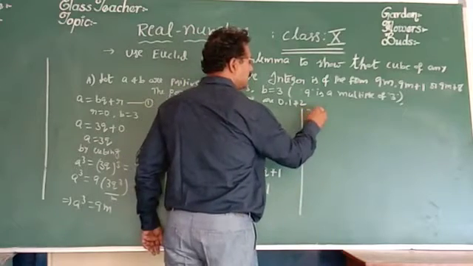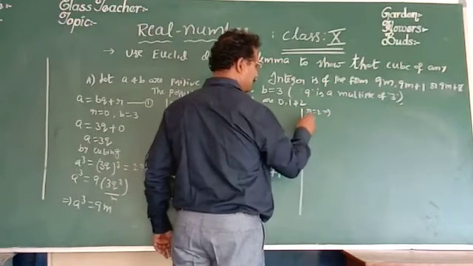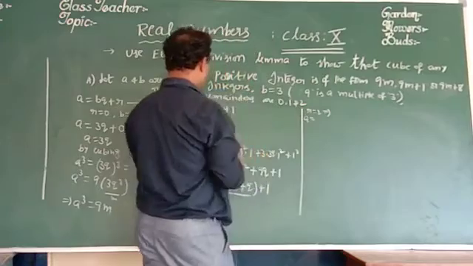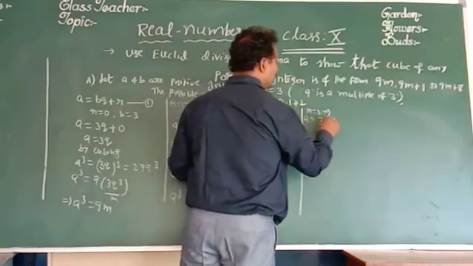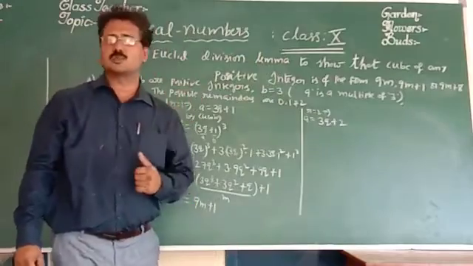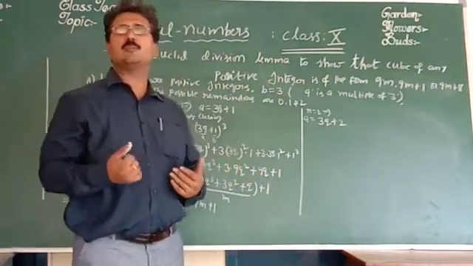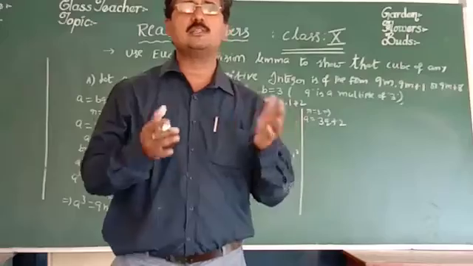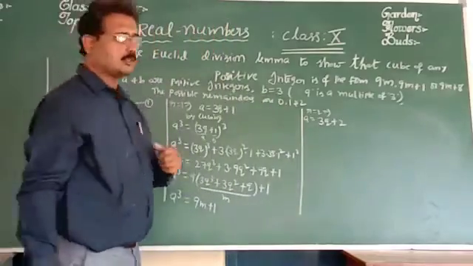Now again another remainder, r is equal to 2 implies a is equal to bq plus r, that is 3q plus 2. Again by cubing on both sides, using the same formula, a cube plus 3a square b plus 3ab square plus b cube.